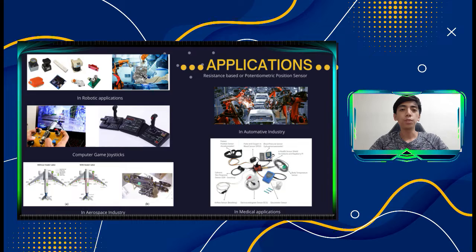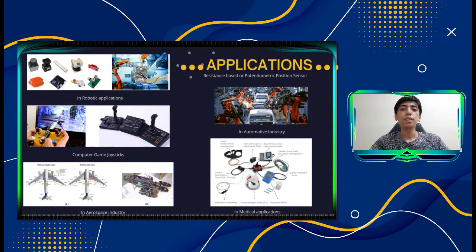Next was the computer game joysticks. Third was the automotive industry, where its angular position sensor can be used for throttle position, steering wheel position detection, and most systems that acquire an accurate angle reading for operation equipment.